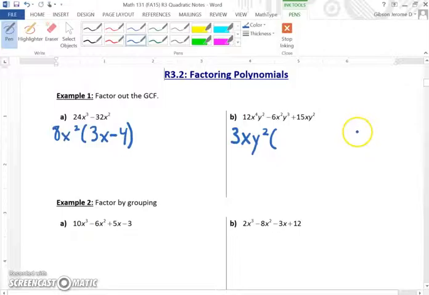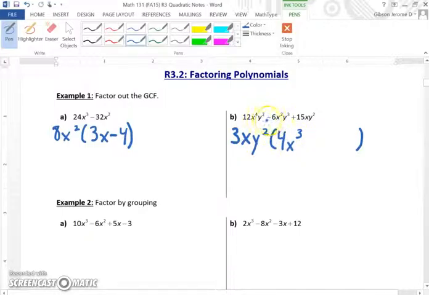Now, just like we did in the other problem, whatever is left will go inside this parenthesis. So we would divide all three of these terms by the 3xy squared. 12 divided by 3 is 4. X to the 4th divided by x is x cubed. Y squared divided by y squared, they will simplify out.